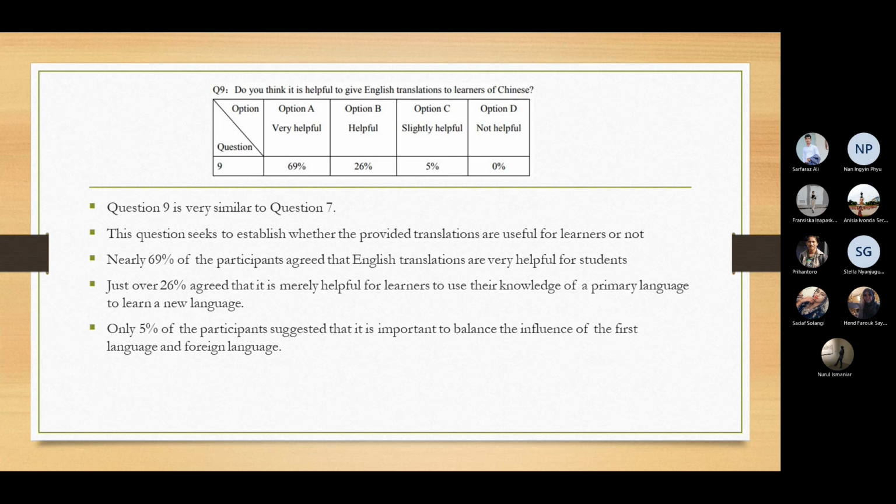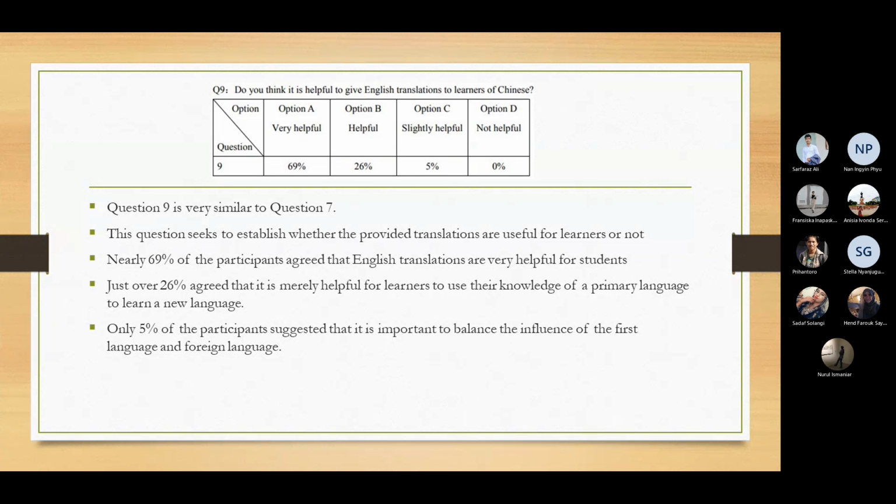And secondly, nearly 69% of the participants agree that the English translations are very helpful for the students, and just 26% agree that it is merely helpful for the learners. The options given were very helpful and slightly helpful, so according to their choice, they selected.